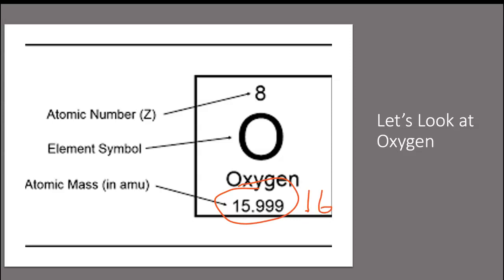And so we're going to round it to 16 because that's going to tell us that most oxygen atoms have a mass of 16, which means that most oxygen atoms have 8 neutrons. And so if I wanted to write an oxygen atom in that shorthand way, I would write it just like this. And so you can see that we've got 8 neutrons, 8 protons, and that's why our mass is 16. Now, as long as it's an oxygen atom, it's also going to have 8 electrons.